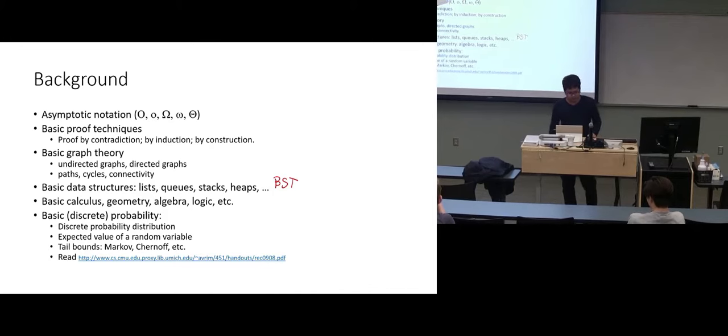Some basic calculus and geometry, but not much. Soon, in the second class of this course, you need to know at least complex numbers. What is the root of unity?